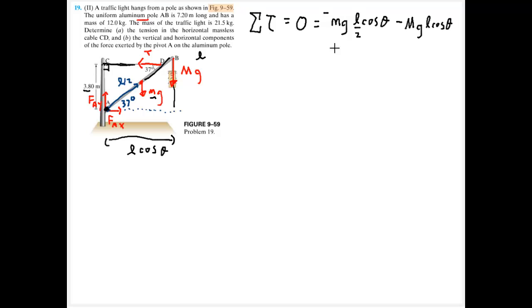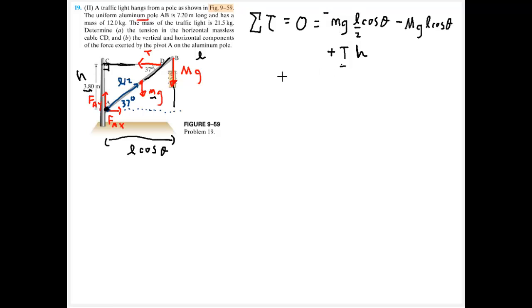cosine of theta. And lastly I have my tensional force, which is going to produce a positive torque. So I got my tensional force and my lever arm. I'm just going to call this H for just a second right here. It's going to be 3.8 meters. Torque multiplied by H. Now I simply solve for my tensional force right here.